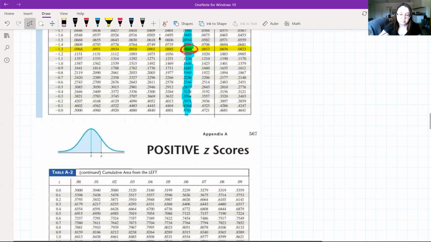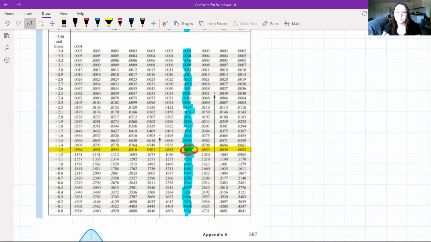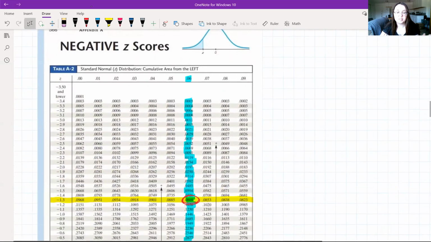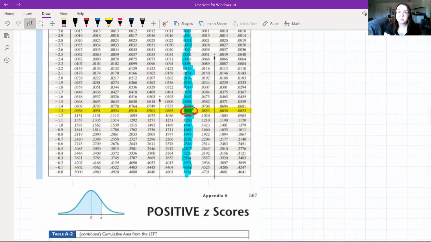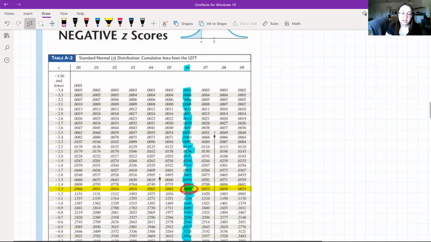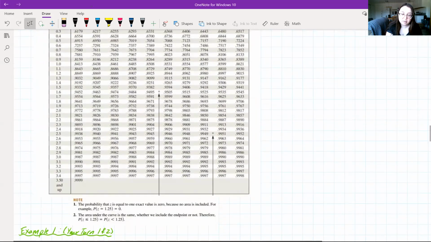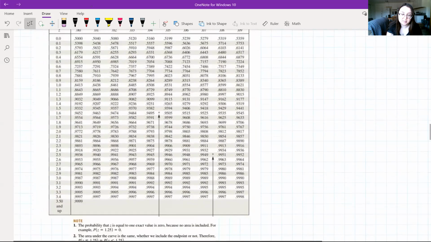So we can go up. It's a good idea to start on our first page here, which is our negative z-scores. If we observe this, we see that our lower values are going to be our negative z-scores, and our higher values are going to be our positive z-scores.